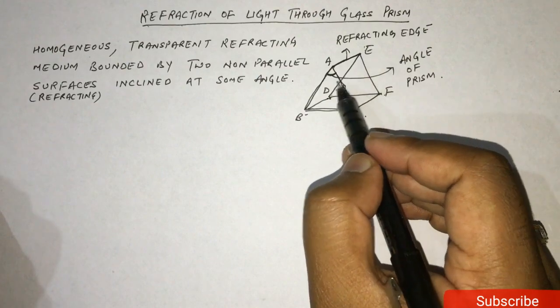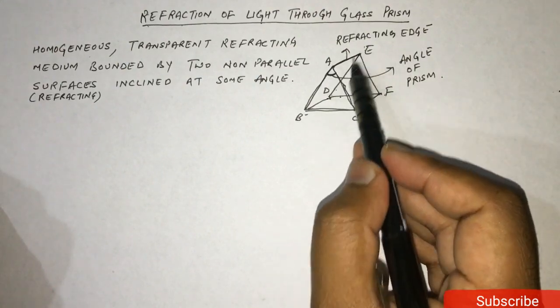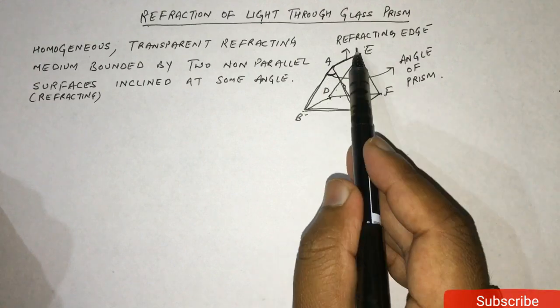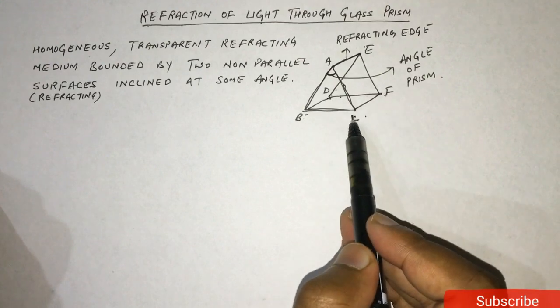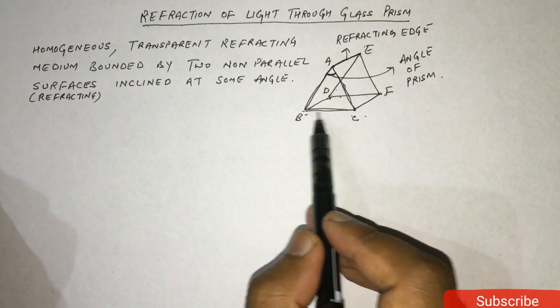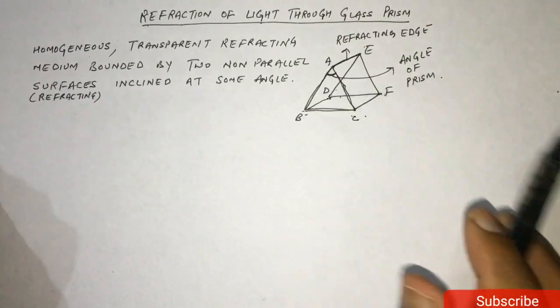Fine. It has two triangles and three rectangles. Three rectangles is AEDB, AEFC, and last is the base, that is BDFC. So it has three rectangles and two triangles.